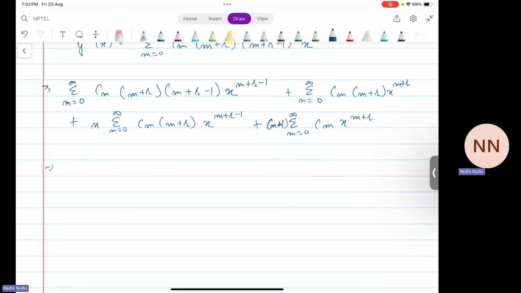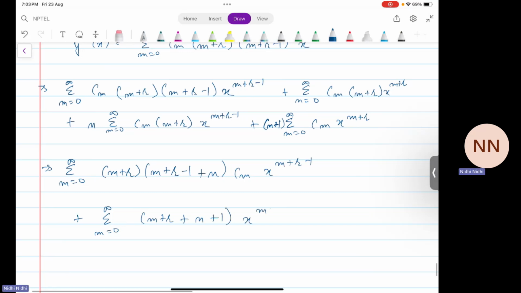So this gives us summation m from 0 to infinity, let's take m plus r common, m plus r minus 1 plus n, Cm x to the power m plus r minus 1, plus summation m from 0 to infinity m plus r plus n plus 1 Cm x to the power m plus r is equal to 0.